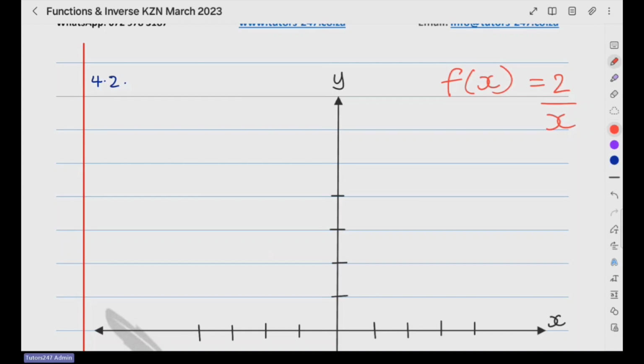If our numerator was negative, if our value of a was less than 0, it would have been in quadrants 2 and 4. Another important thing to take note of is that our function f has two asymptotes, a horizontal asymptote and a vertical asymptote that is equal to 0.